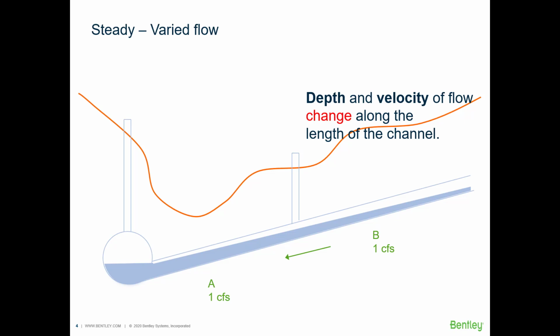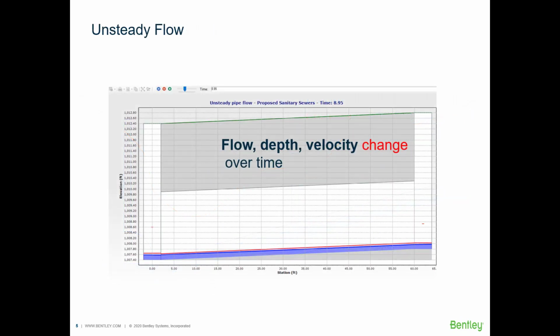Doing a steady state simulation with a gradually varied flow solver is a good choice. Dynamic solvers only apply to simulations over time due to the nature of differential equations, so you don't really use them for steady state simulations.